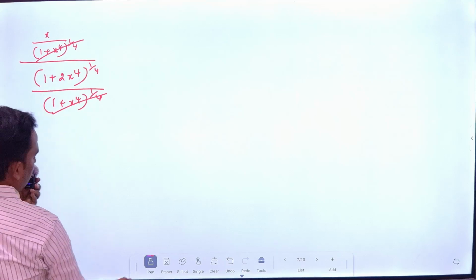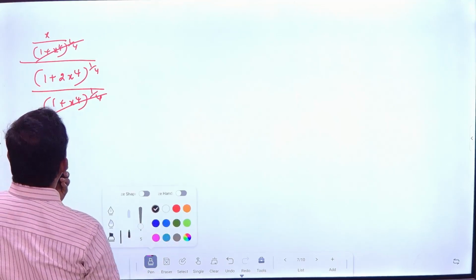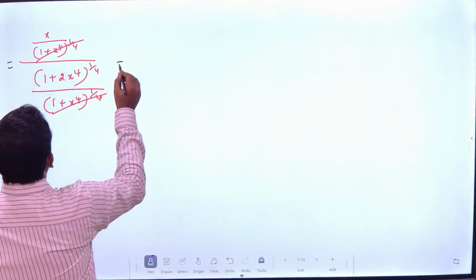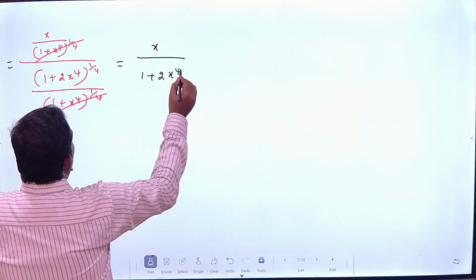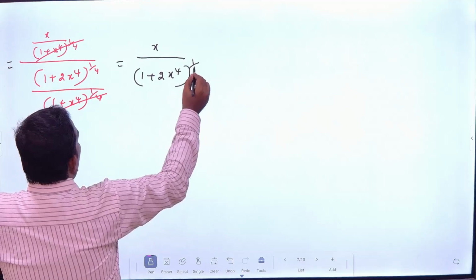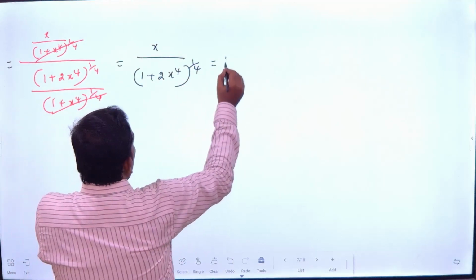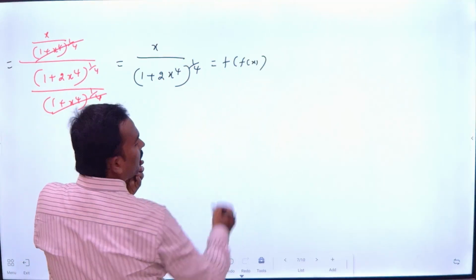This will be cancelled, right? What is left is x divided by (1 plus 2x to the power 4) whole power 1 by 4. This is your f of f of x. Clear?